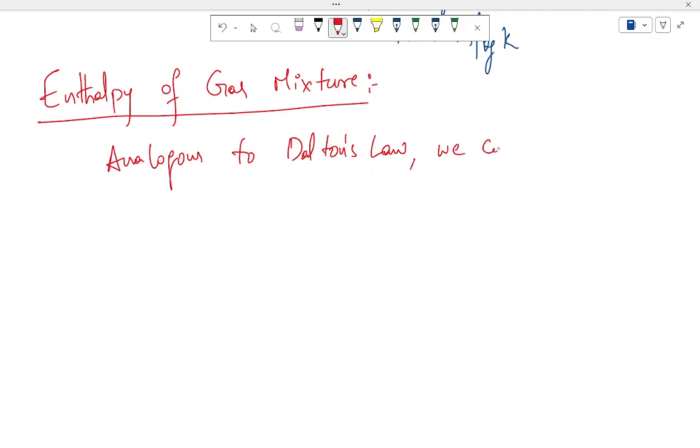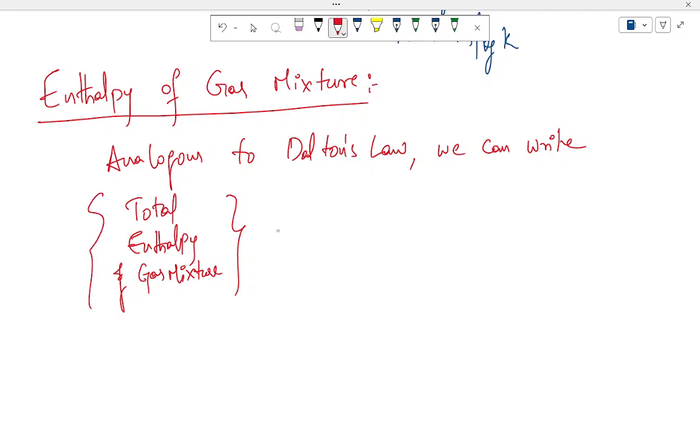We can write that the total enthalpy of a gas mixture, to be specific, will be equal to the sum of the enthalpy of each gas.